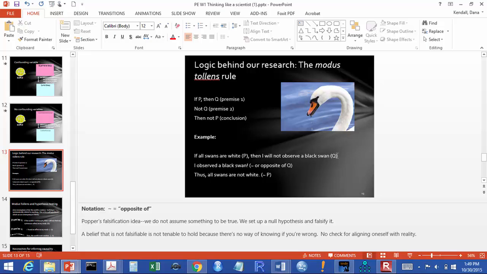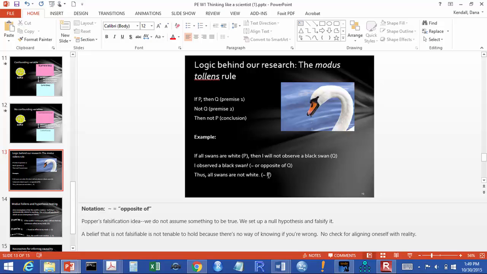This premise doesn't seem to have any logical flaws. And the second premise is the opposite of Q. So the opposite of not observing is that you did. Okay, so not Q is that you observed one. Thus, you can conclude all swans are not white, opposite of P.